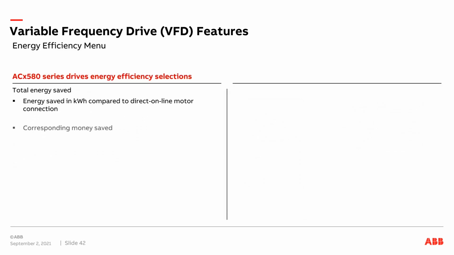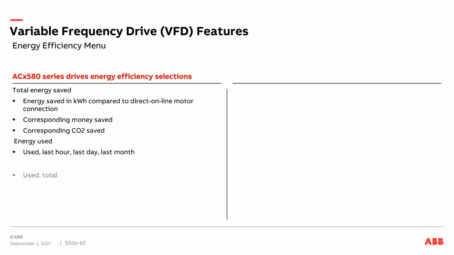Your total energy saved in kilowatt hours is compared to directly across the line motors. So when your drive shows your total energy saved in kilowatt hours, it's comparing what would happen if that motor was being run across the line. The corresponding money saved depends on what you enter for how much it costs per kilowatt hour, and your CO2 is also calculated.